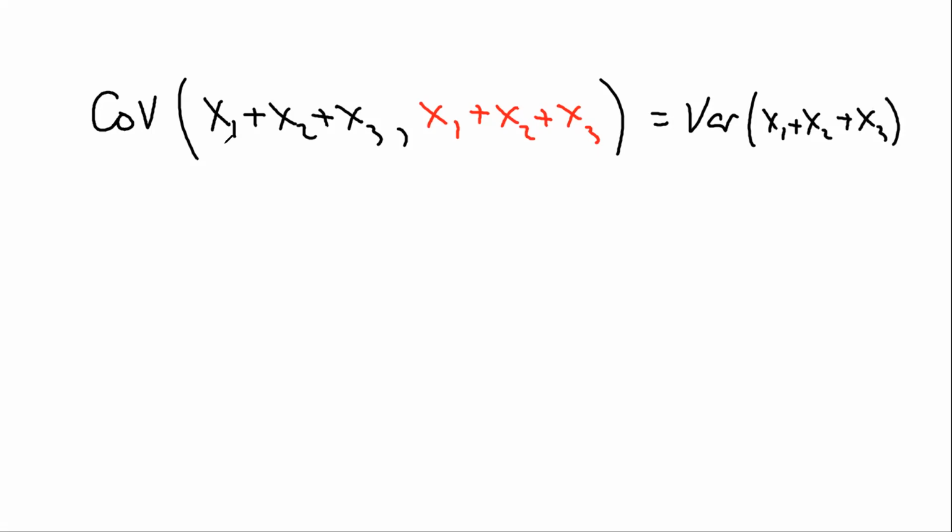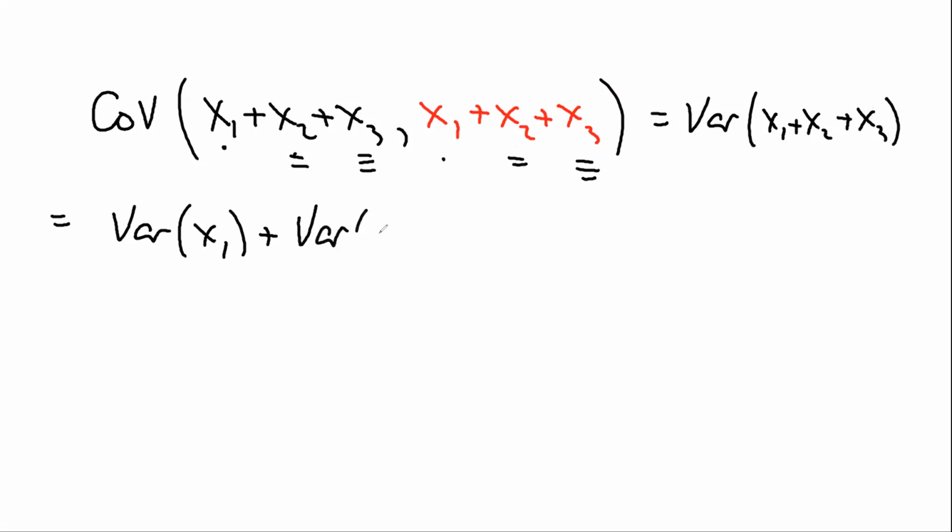We can have a combination of x1 with x1, of x2 with x2, and of x3 with x3. Yes. So when I combine, I generate the variance of x1 plus variance of x2 plus variance of x3.